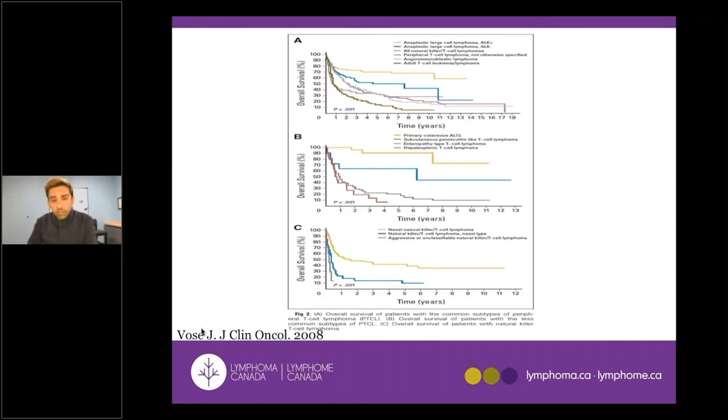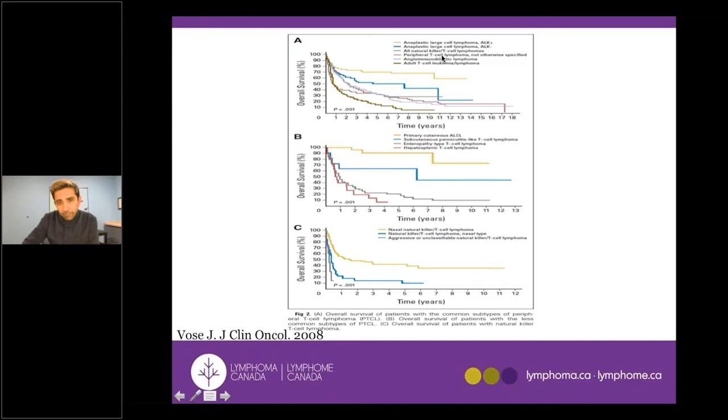Now, prognosis of different types of lymphoma is extremely important for us to plan therapy. Please don't get bogged down by the details of this diagram, but I'm going to walk you through this picture. The yellow line represents the outcome of patients with anaplastic large cell lymphoma, ALK positive. The blue line is also anaplastic large cell lymphoma, but ALK negative.